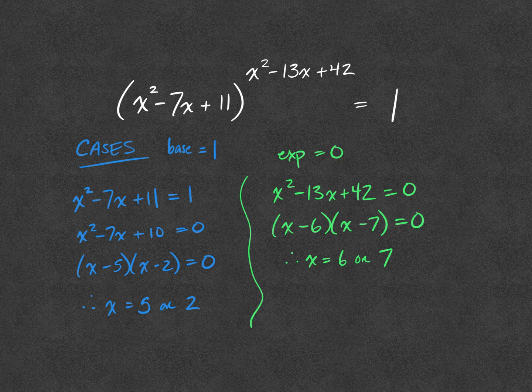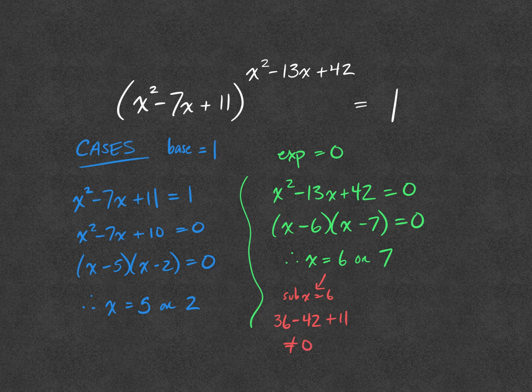So a quick substitution: if I sub in x equals 6, then my base becomes 36 minus 42 plus 11. Now, you can go through and make your calculation. I don't care if you ended up saying it was 5, but the most important thing is that it does not equal 0.